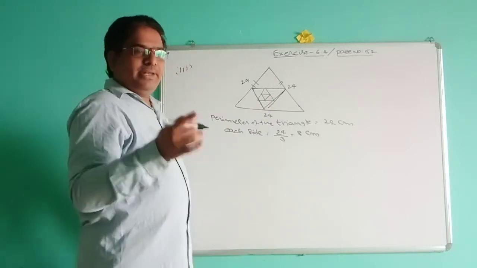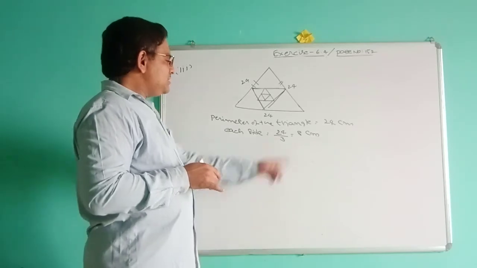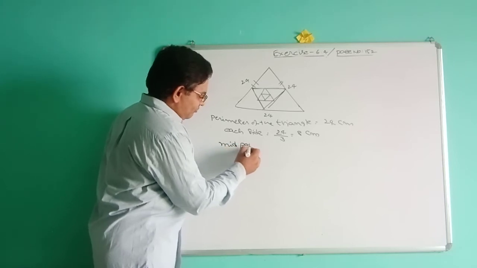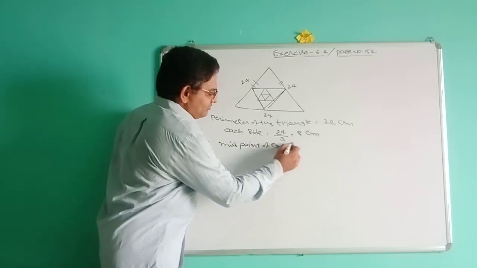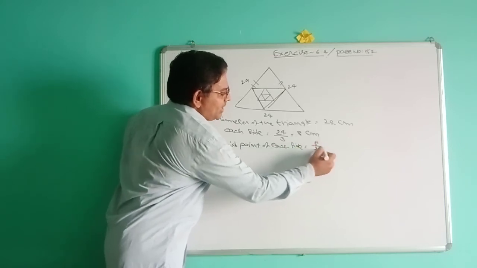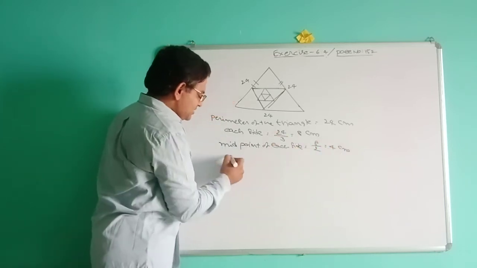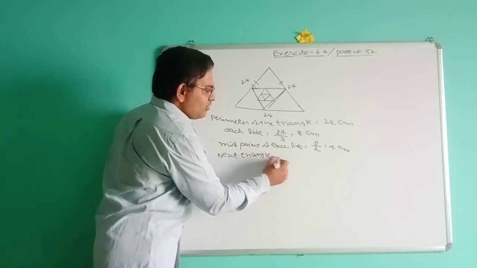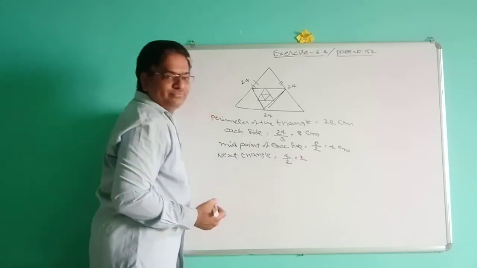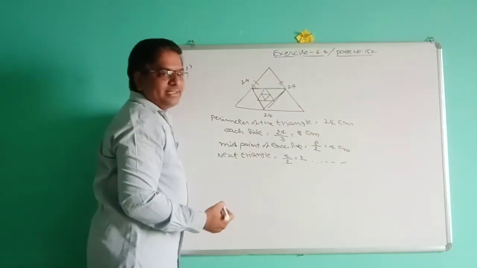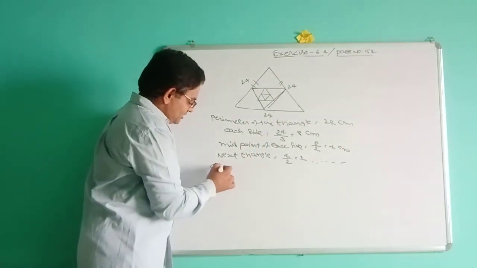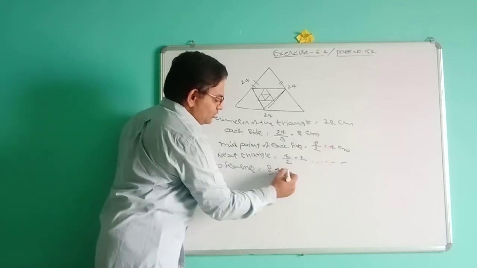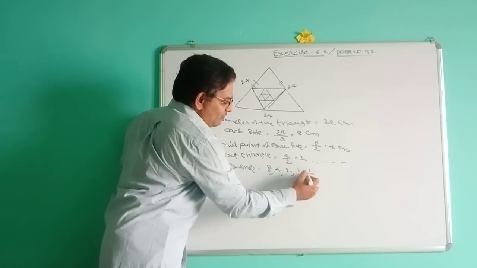Then the question says to consider the midpoints. Midpoints means you take half of the 8 centimeter side. Midpoint of each side: how much will come? 8 by 2 equals 4 centimeters. Continuously, the next triangle: how much will come? 4 by 2 equals 2. Like that it will go. So the sequence will be 8, 4, 2, next 1, then 1 by 2, like that.